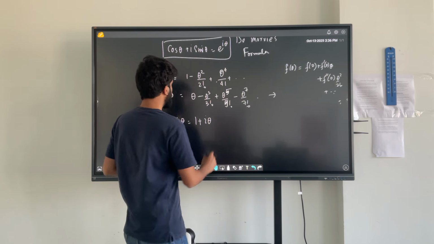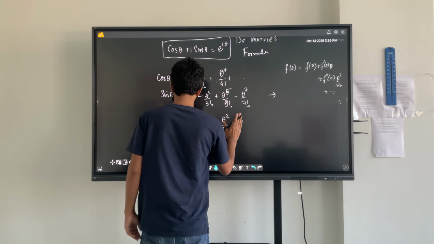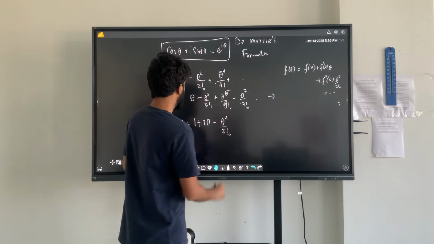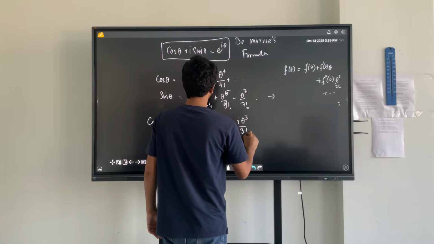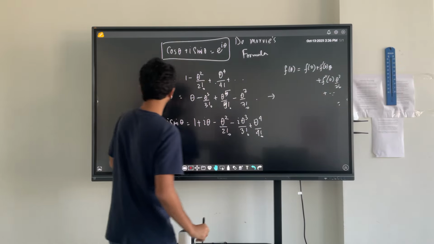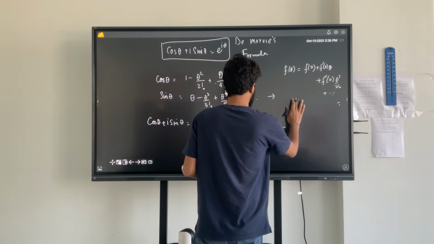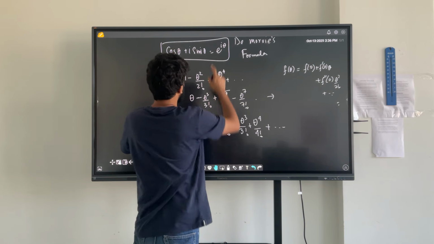Power 2 will come from here, minus theta square by 2 factorial, minus i theta cube by 3 factorial plus theta to the power 4 by 4 factorial. i is coming only with sine because I had multiplied this, plus so on. Okay? But I want to show that this is the same as e power i theta, right?